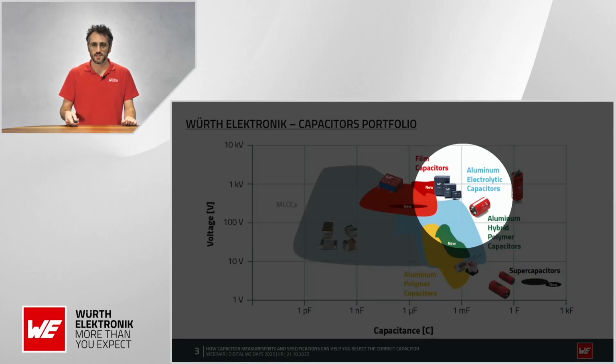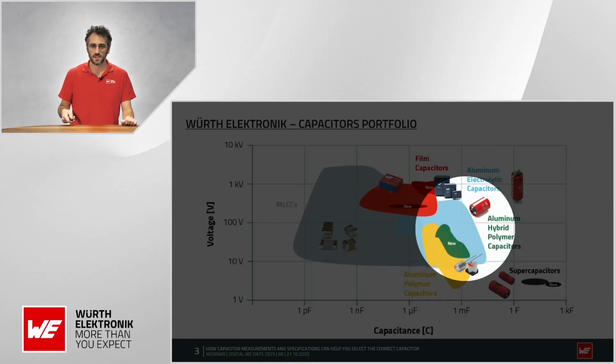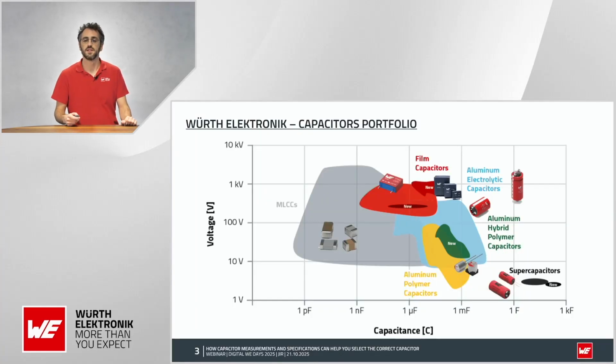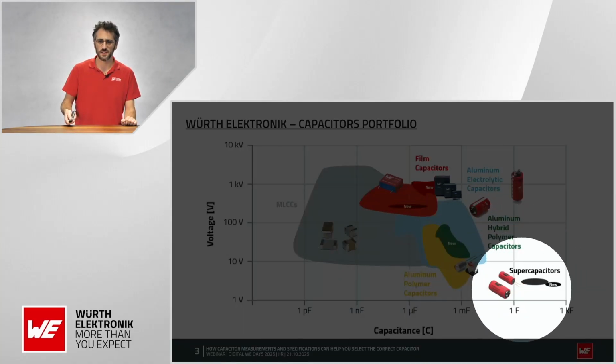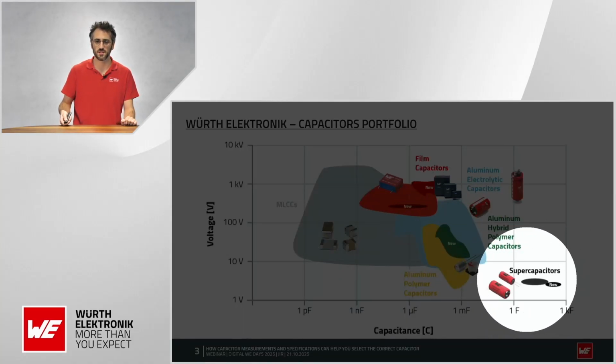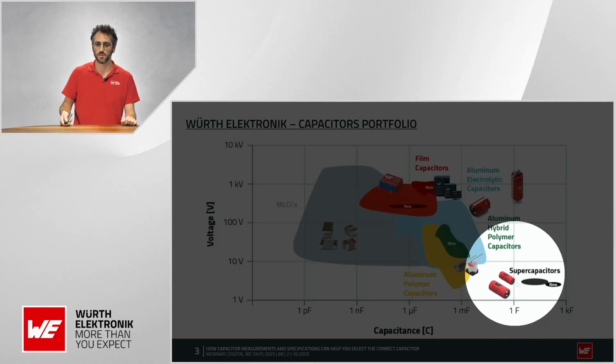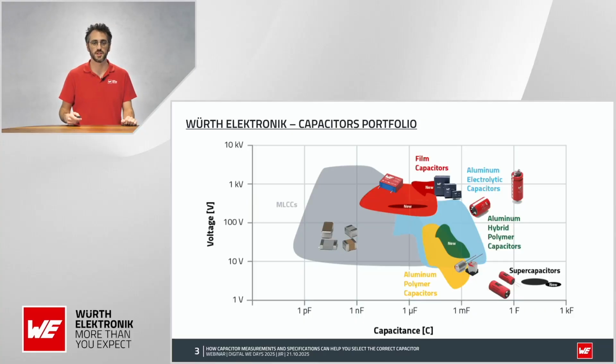As well as on the right side for aluminum electrolytic, you can also find bigger size electrolytic capacitors, including snap-in and electrolytic capacitors with screw connections. On the far right side, you can see the supercapacitors, which have a very low voltage rating, but we have from 3 to 350 farad ratings.